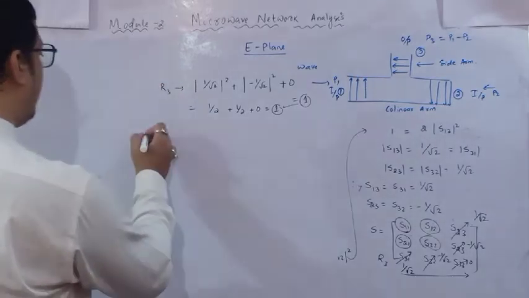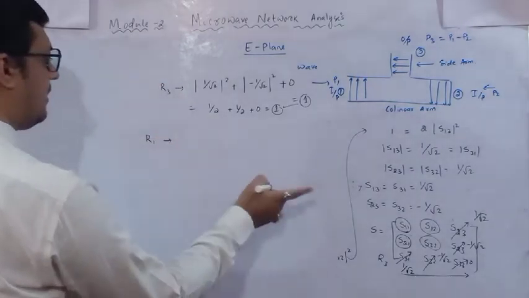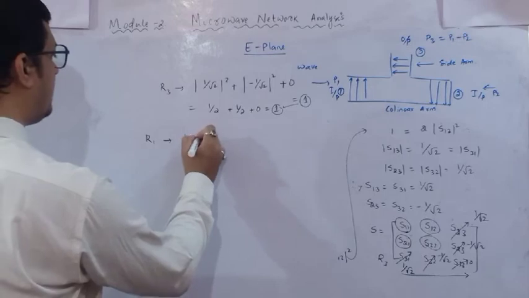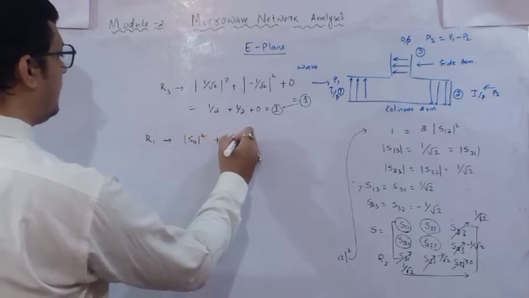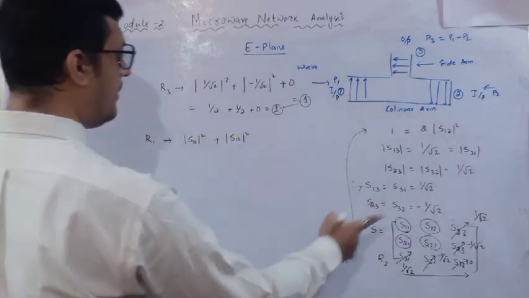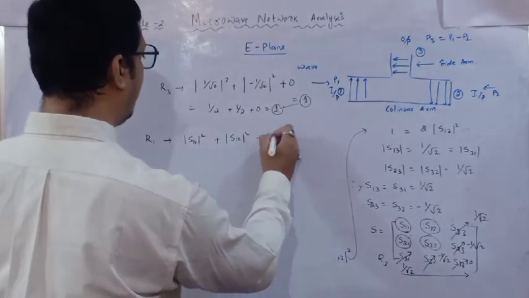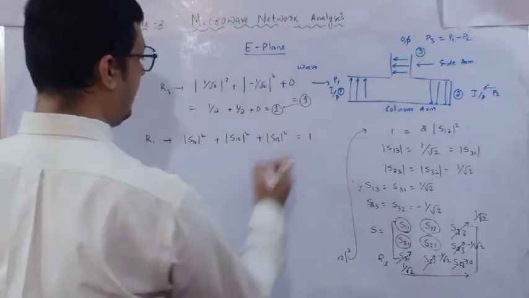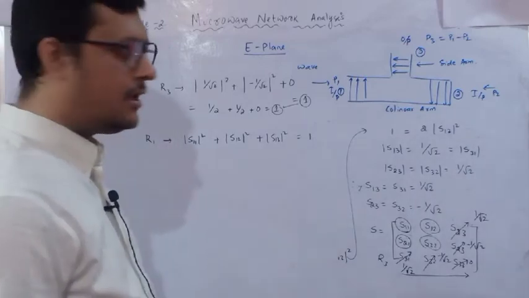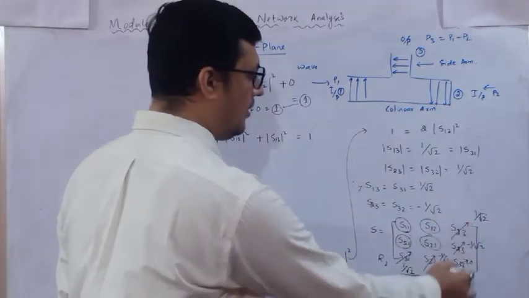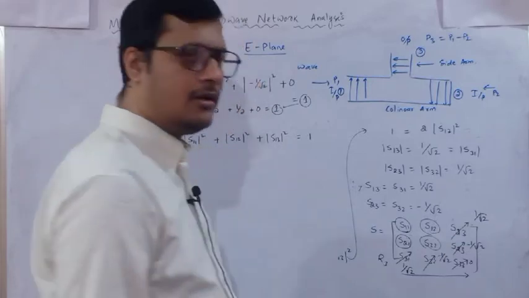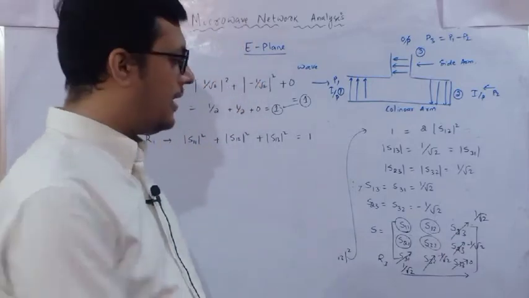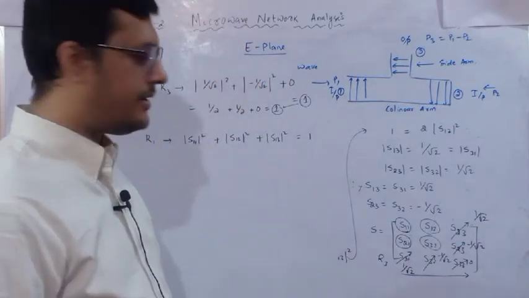If I take row 1, it is a hit and trial method: mod of S11 square plus S12 square plus S13 square is equal to 1. If you take column third also, 1 by root 2 squared and 1 by root 2 squared become 1 and the resultant is 1. It satisfies.